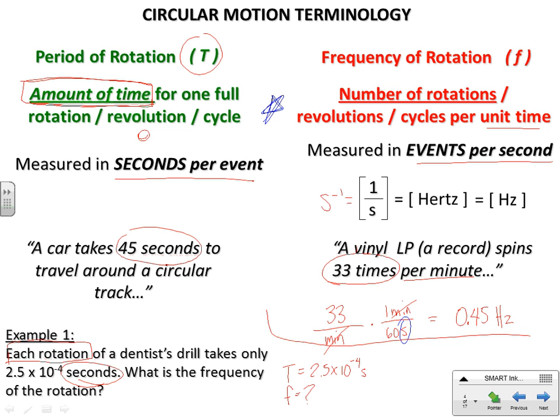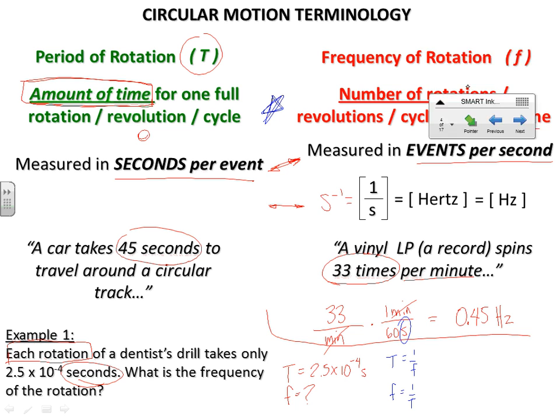Well, if we look here at the units, it ideally leads us to a pretty simple relationship between period and frequency. If period is measured in seconds and frequency is measured in the inverse of that, then period is equal to 1 over frequency, or frequency is equal to 1 over period. They are just inverses of each other.